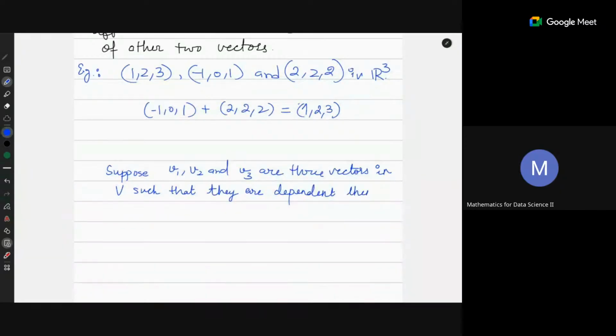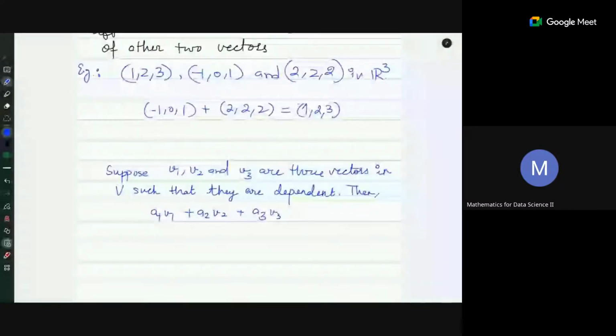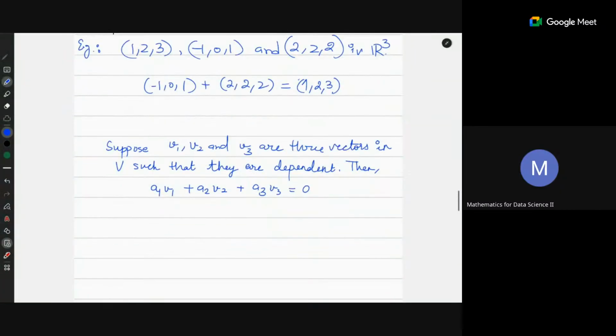Then you have a combination a1 v1 plus a2 v2 plus a3 v3 equal to 0, where one of the coefficients has to be non-zero.